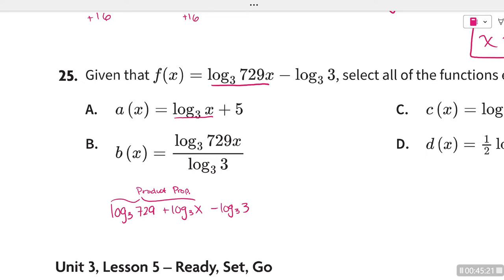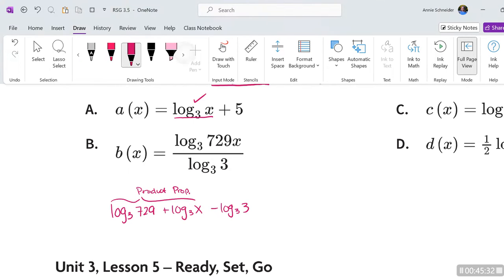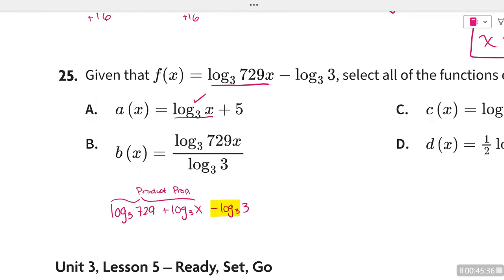I don't like the order that I wrote this in. I have my log base 3 of x. We're going to keep that as it is because that matches here. So let's see, when I combine these two, let's use a highlighter to emphasize what I'm referring to here. When I combine these two, do they give me a positive 5?